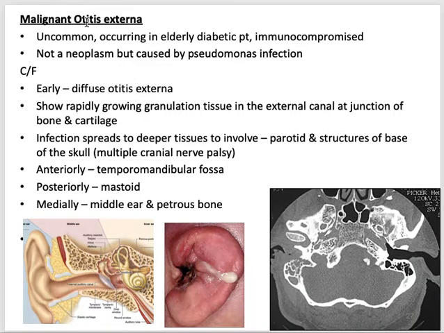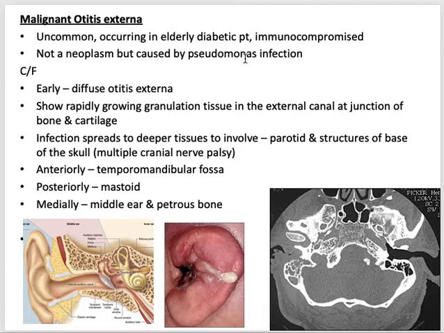Now, malignant otitis externa is very important. This is also called malignant necrotizing otitis externa or necrotizing otitis externa. Of course, it's an inflammatory condition which is caused by infection, and remember, the infection is caused by Pseudomonas. So why am I talking about Pseudomonas? Because remember, we should give them anti-pseudomonal antibiotics.